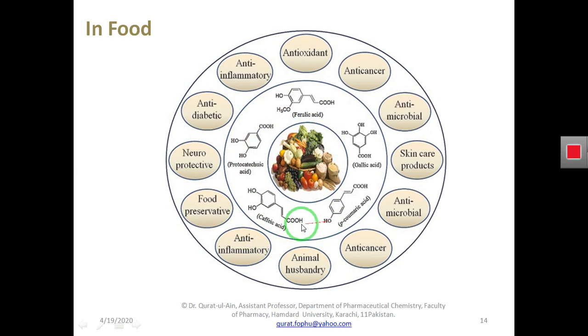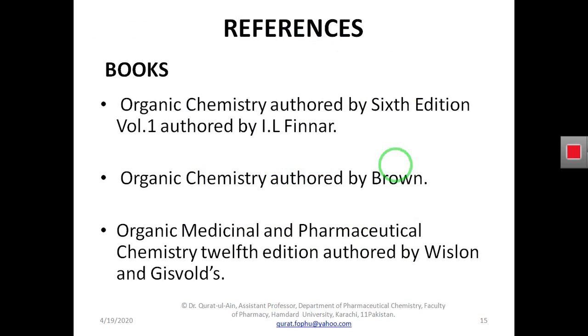These phenol derivatives and other various derivatives are used in food for their antioxidant, anti-cancer, antimicrobial, anti-inflammatory, neuroprotective, anti-diabetic, and food preservative activities. Phenols can also be used as a disinfectant for animal husbandry.